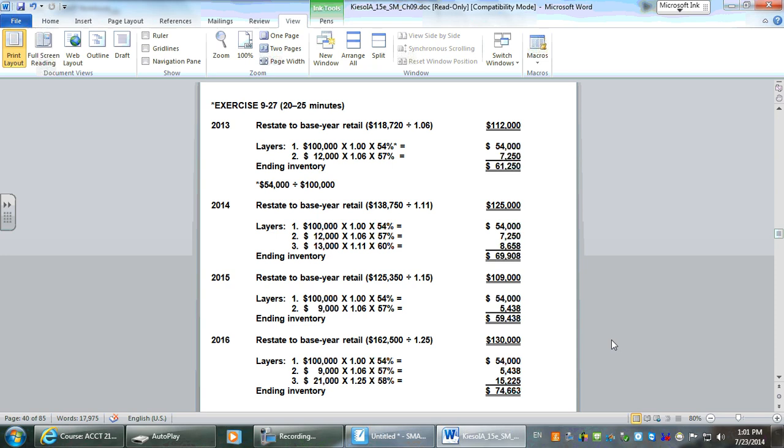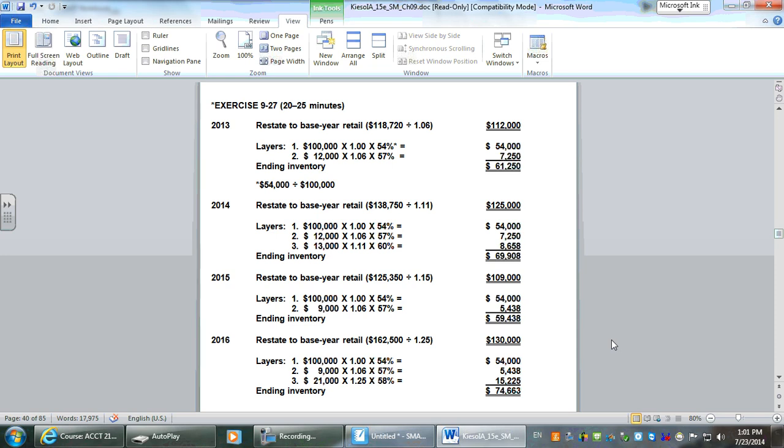So you know how to calculate all these current year cost to retail percentages, right? It's the additional purchases and the sales price of those additional purchases, adjusted by both the markups and the markdowns. That's the new purchases. So they got all those percentages. It goes from 57 up to 60, up to 61, down to 58. That's where those came from.